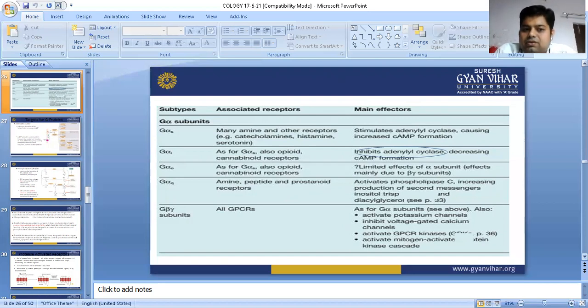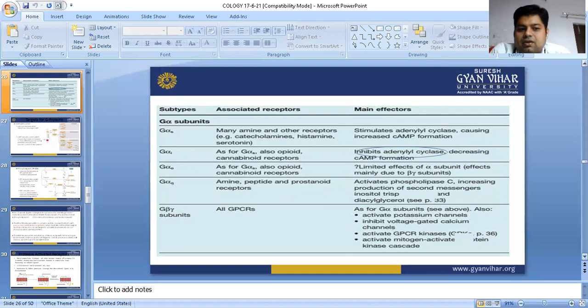And G alpha i acts as the inhibitory type, and they are also found in opioid and cannabinoid receptors, inhibiting adenylyl cyclase. And in the case of G alpha o, they are also found in opioid, cannabinoid, but limited steps of alpha subunits, mainly due to the beta and gamma subunits.